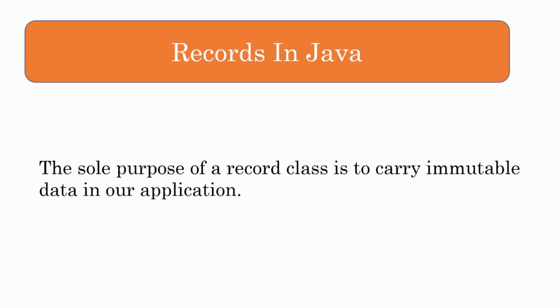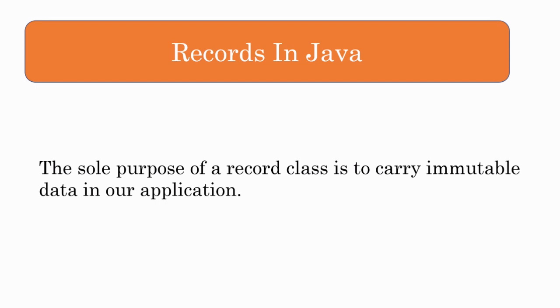Now let's take an example. For example, we have an application and a user requested some data from the server. For us to get this data from the server for the user, we have to create a class and create an object of the class that will hold the data from the server and carry it back to the client. So the main purpose of that class is just to carry data for the user.